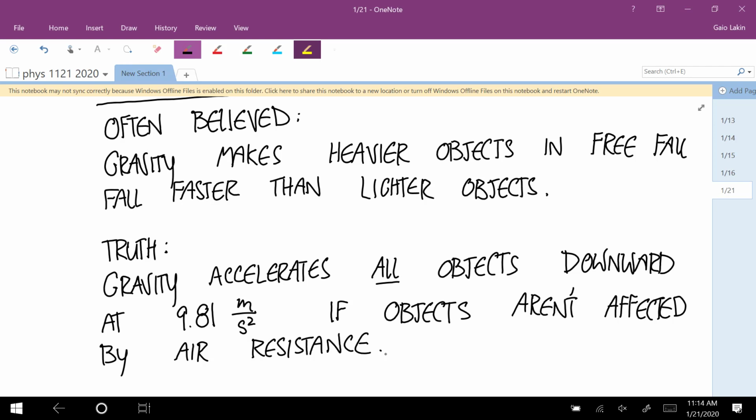And there's a few factors that come into how much air resistance affects an object's motion. Okay, so everybody understand the idea of this common misconception? If you don't have air resistance, everything falls the same. I'm going to show that happen.